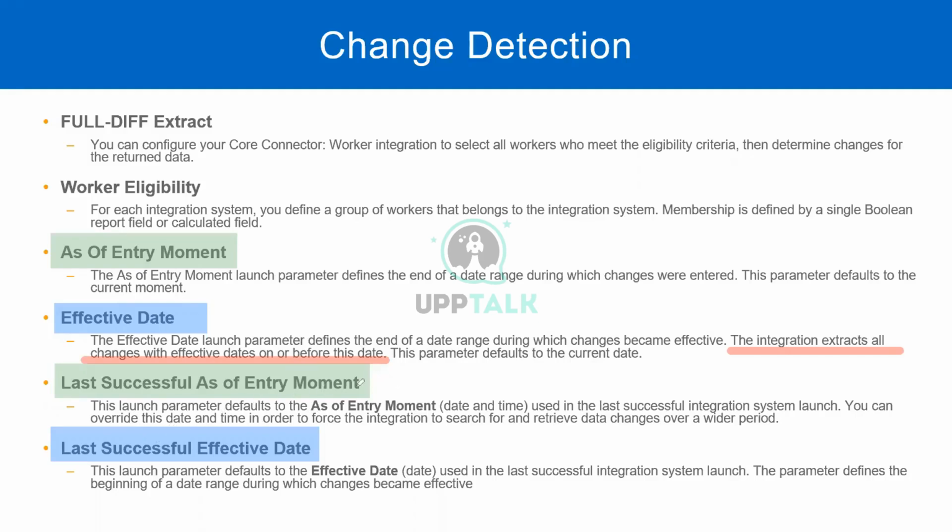Then comes last successful as of entry moment and last successful effective date. So what are these? These are the as of entry moment and the effective date that were used in the previous run of the integration. Why is that important? Because our main objective is to look for data changes, correct?